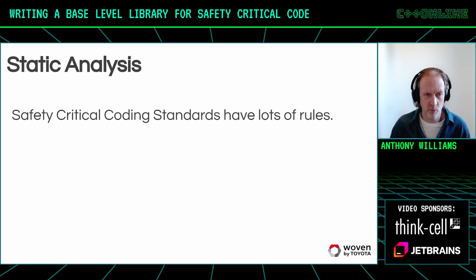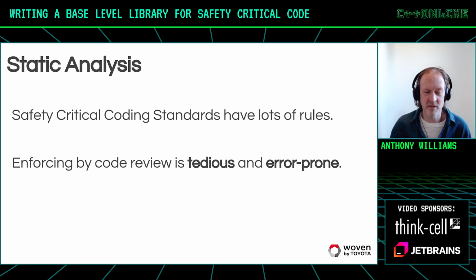So obviously one of the most important tools that we use is a static analyzer, because the coding standards have lots of rules, and enforcing them by code review is tedious and error prone. If you're reviewing a PR that somebody's made that's a few hundred or thousand lines, then checking that it does what it's supposed to, that it's reasonably well designed, and has good tests, that's one thing.